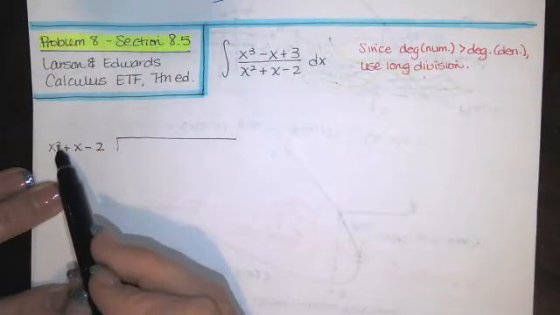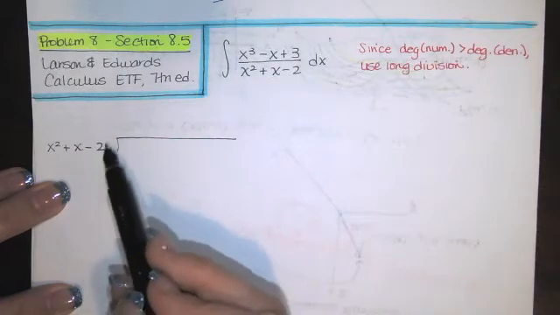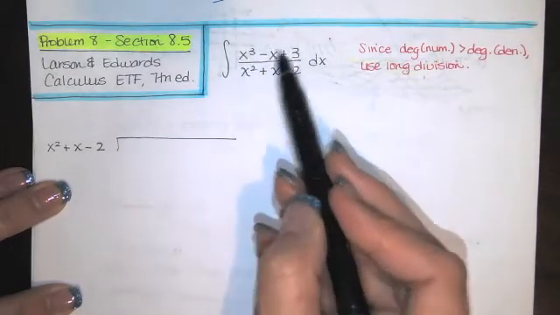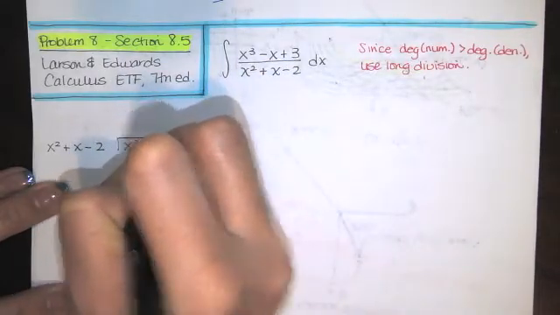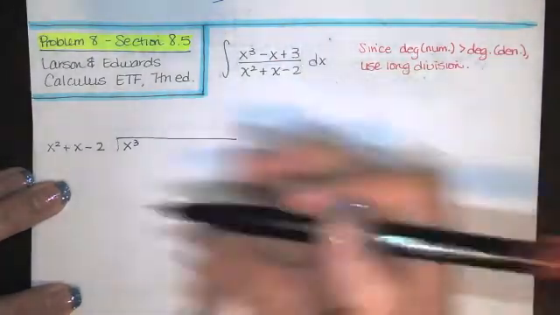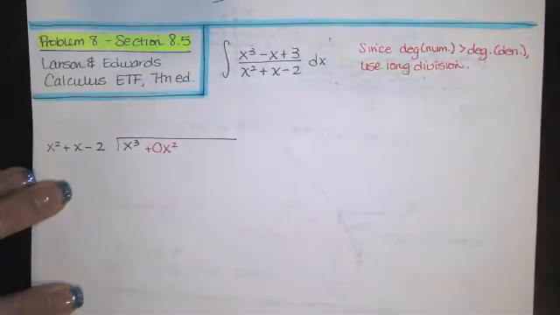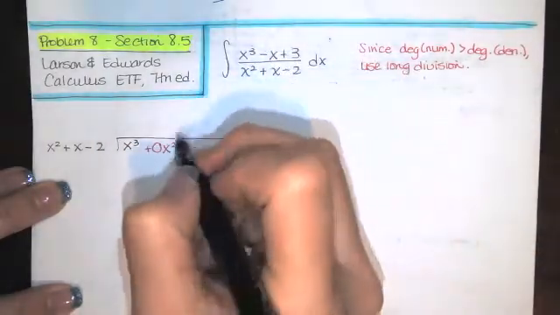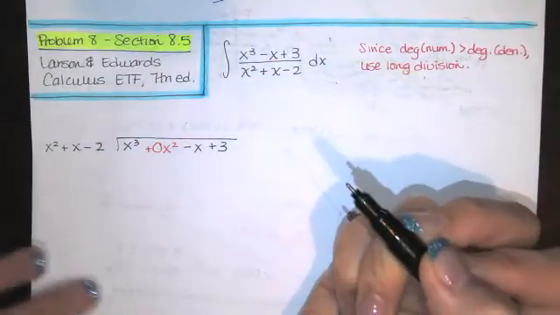So we've got our x squared term, and then we add an x to the first term, and then we add the constant term. Here, this is a degree 3 polynomial, so we start with our degree 3 term. And then the next thing we would add is our x squared term. But there is no x squared term, so we add in a 0x squared as a placeholder. Then we bring the negative x down, and we bring the positive 3 down.